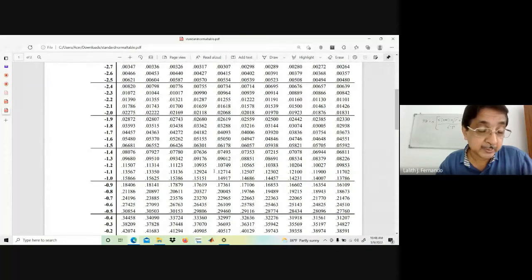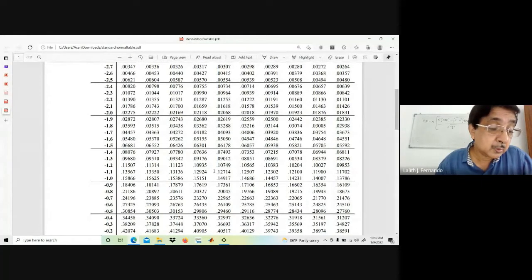We take 0.00151 divided by 0.00234, which gives 0.645. So that means 0.036.